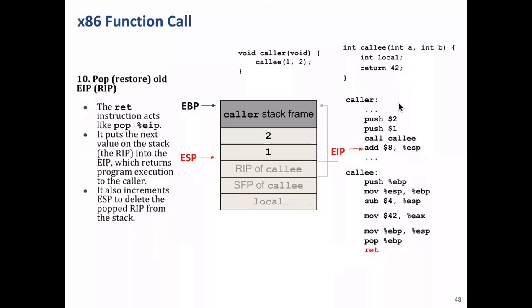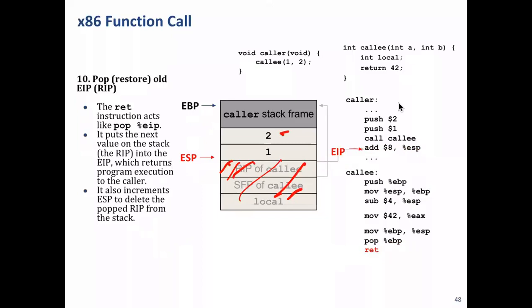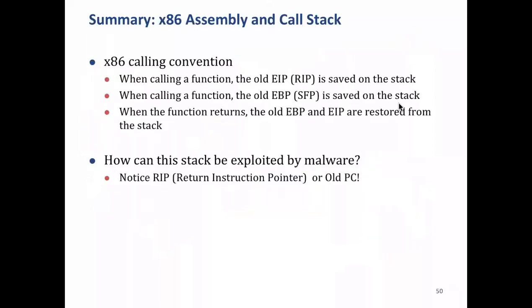Now the value of the stack pointer: because this all goes away, the stack pointer will point to this place. Then these two, which are nothing but the arguments corresponding to A and B, will also go away because the function call is over.